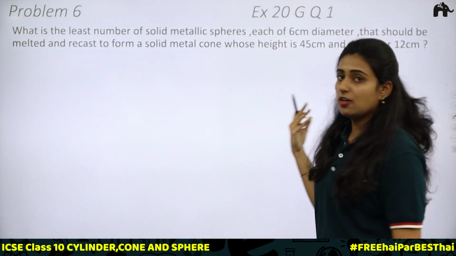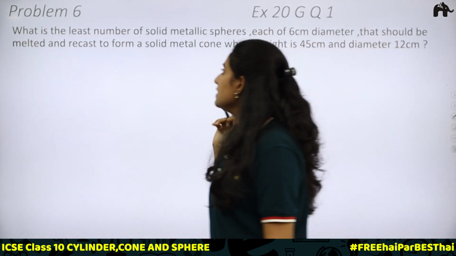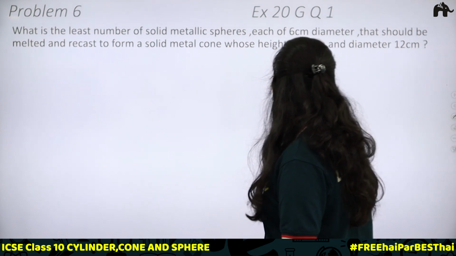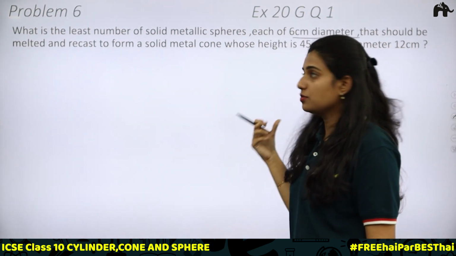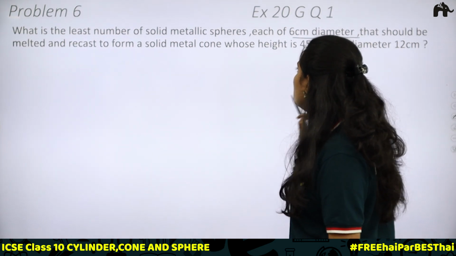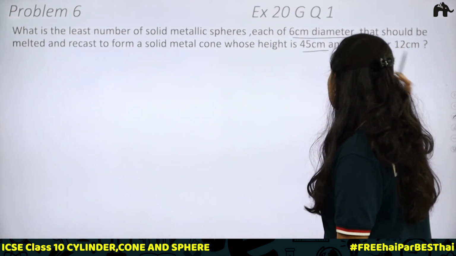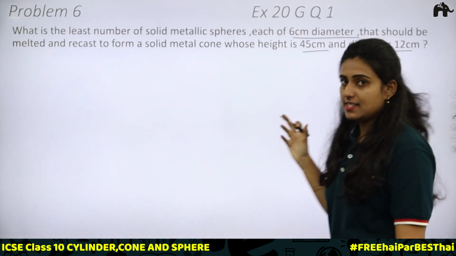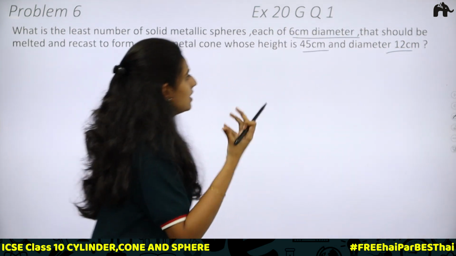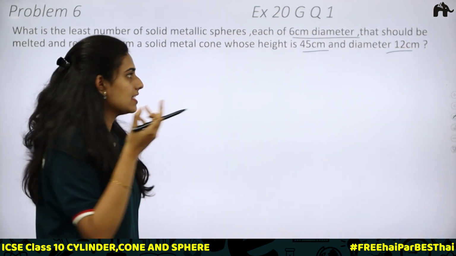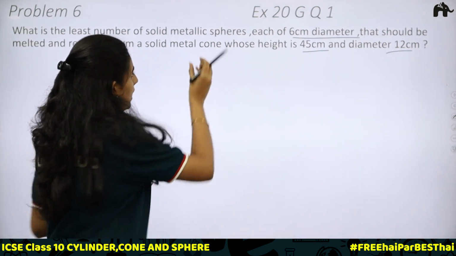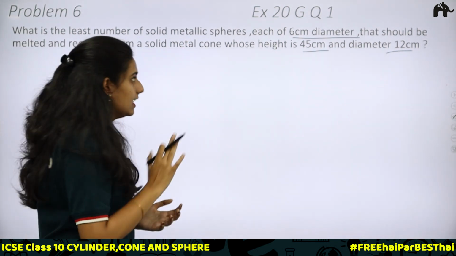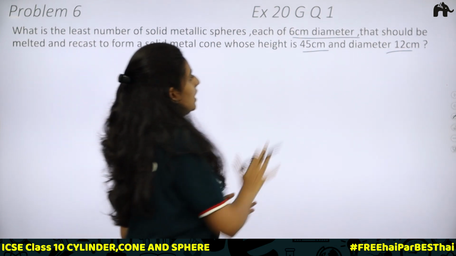Okay, now let us solve problems from exercise 20G. Problem 6, question 1 of exercise 20G. What is the least number of solid metallic spheres, each of 6 cm diameter, that should be melted and recast to form a solid metal cone whose height is 45 cm and diameter 12 cm? So let us take the number of spheres as some n, into the volume of each small sphere will give us the volume of the cone.